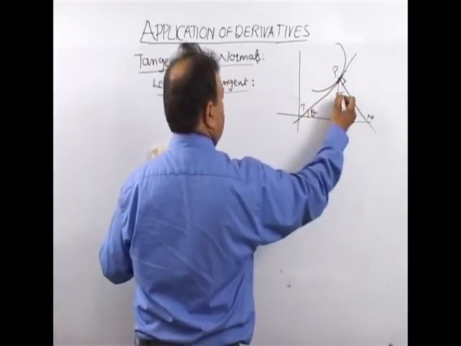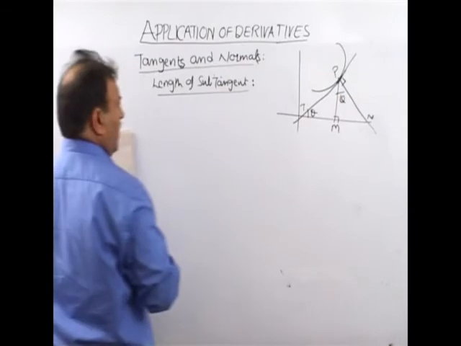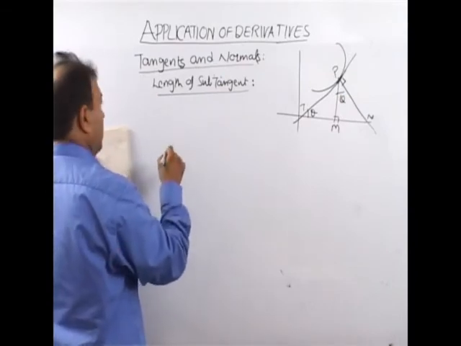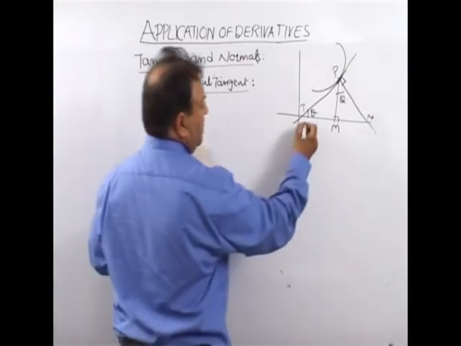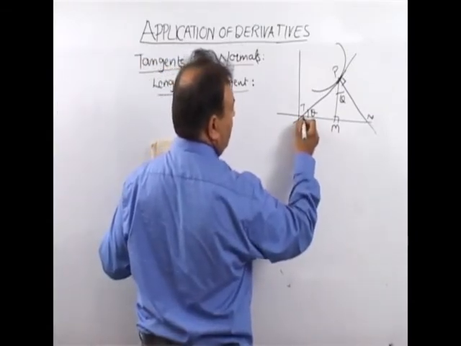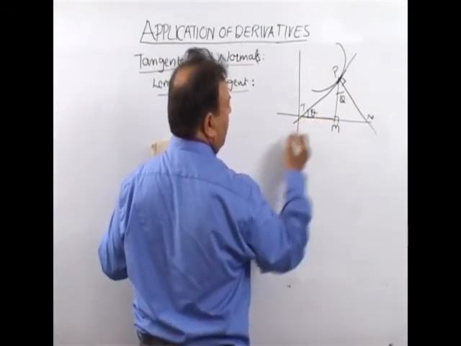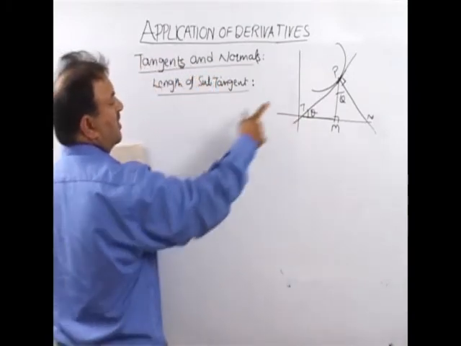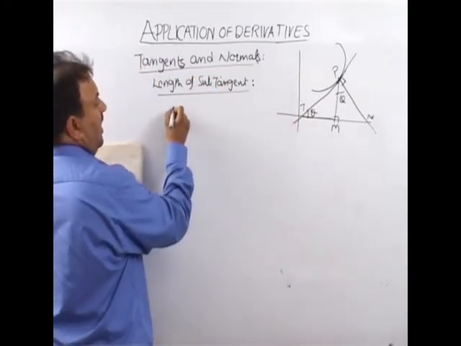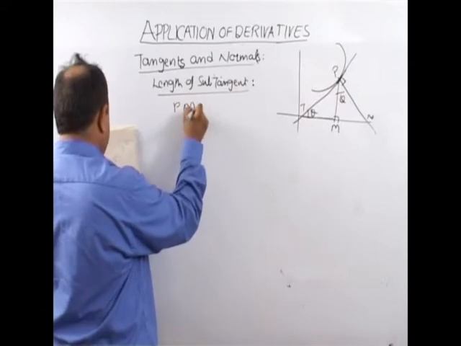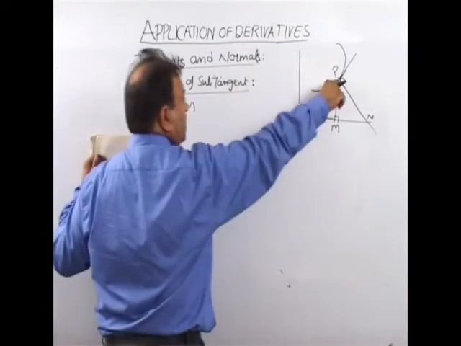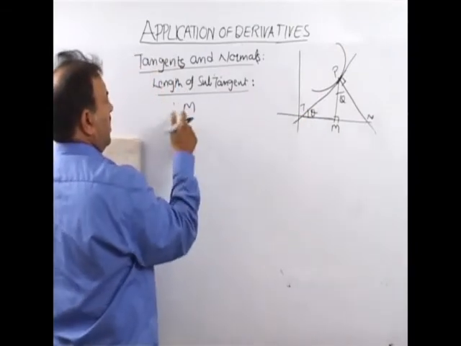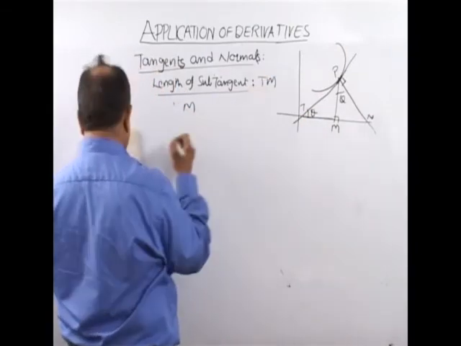This is theta, this is theta. So the length of subtangent is basically the distance from where the tangent meets the x-axis to the perpendicular drawn from the point of intersection of tangent and curve. It is not PM, PM is this one, this is TM. Length of subtangent is equal to TM.